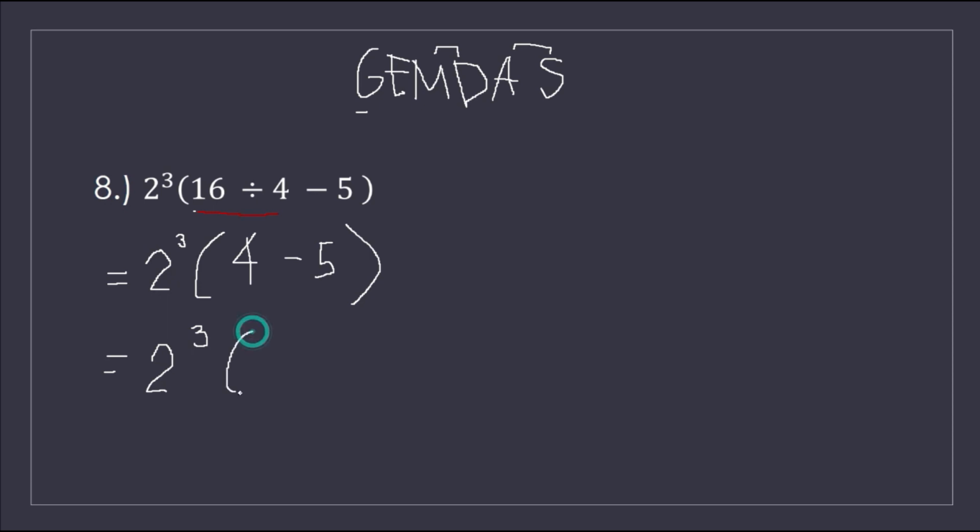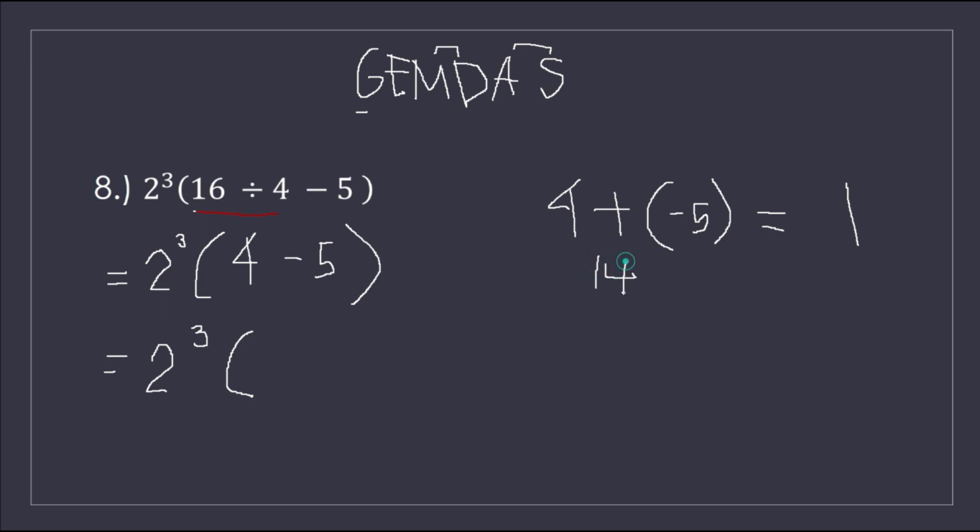So 4 minus 5. Keep, change. Keep the 4, change the subtraction into addition, and change the sign of positive 5 into negative 5. So we see that they have different signs. For addition, if they have different signs, we subtract them. 5 minus 4 is 1. And then we copy the sign of the higher absolute value number.